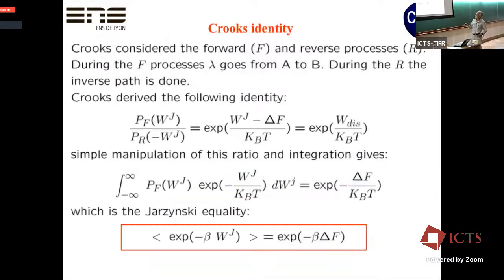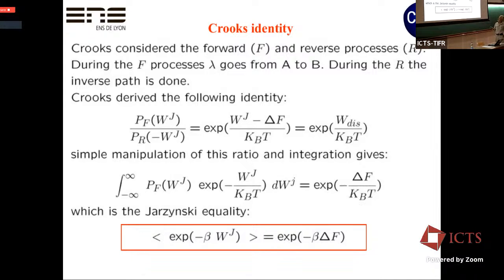The other important equality, which is actually related, as we have shown yesterday, to the Jarzynski equality, is the Crooks identity. Each time you can perform a transformation from A to B and the backward transformation from B to A, this is certainly the best that you can use, because you have full information of the probability distribution functions of the work.